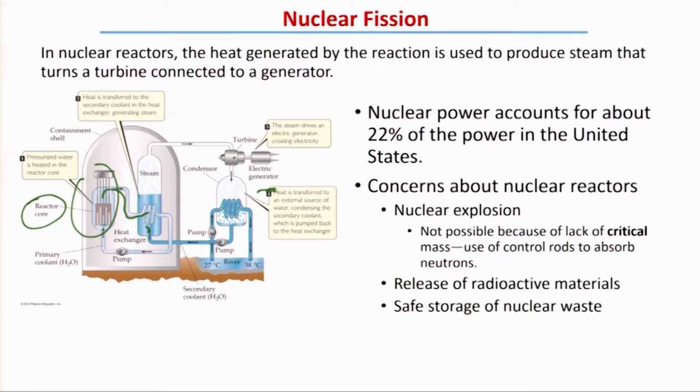A couple of things to note. The U.S. gets about 22%, the most recent figure I saw, of its power from nuclear power, and it's great. It's a nice closed system, so your nuclear material should not get out at all.